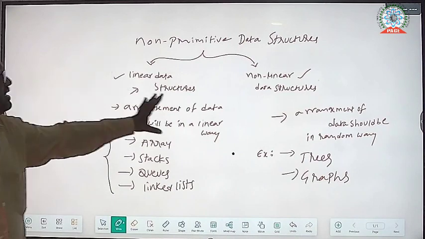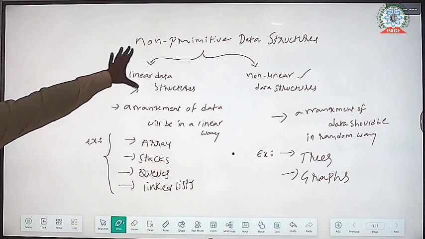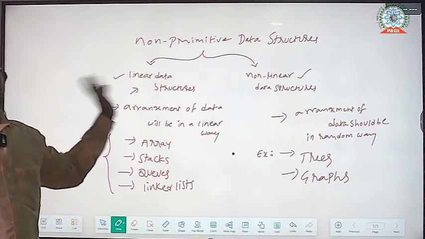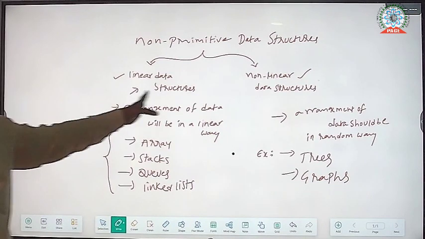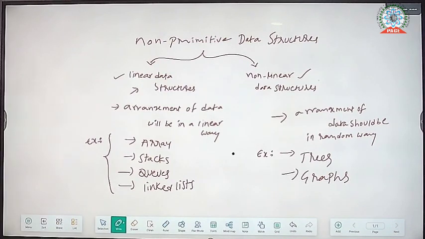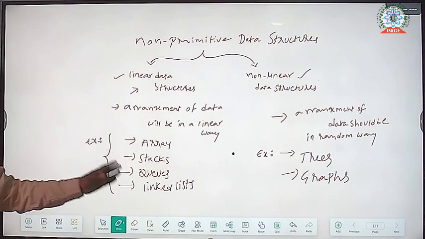So this is the primary classification of data structures. If you go for non-primitive data structures, they are again classified into two: linear and non-linear. In a linear data structure, the arrangement of data should be in a linear way. The examples are arrays, stacks, queues, and linked lists.